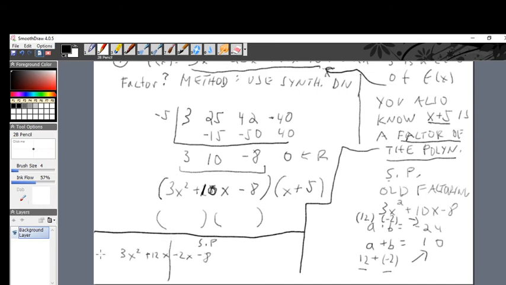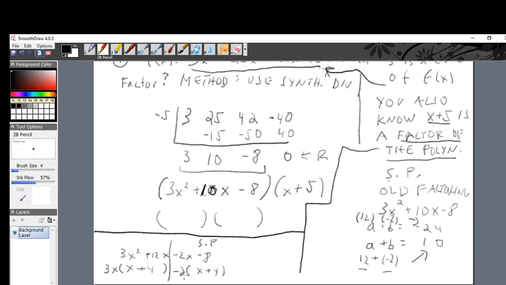Do the parentheses. 3x squared plus 12x. What do I bring outside the parentheses? A 3 goes into 3 and 12, and x goes into x and x squared. 3x squared divided by 3x is x. 12x divided by 3x is plus 4. Bring x plus 4 right over here. What's a number that gets you back to negative 2x and negative 8? The answer is negative 2.